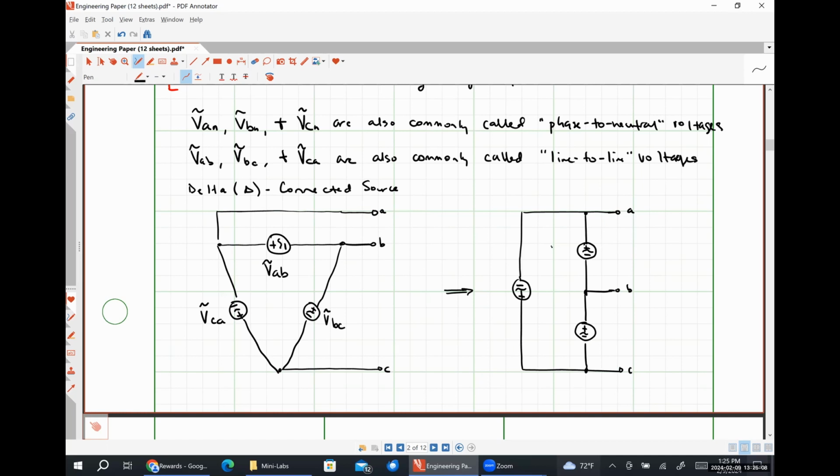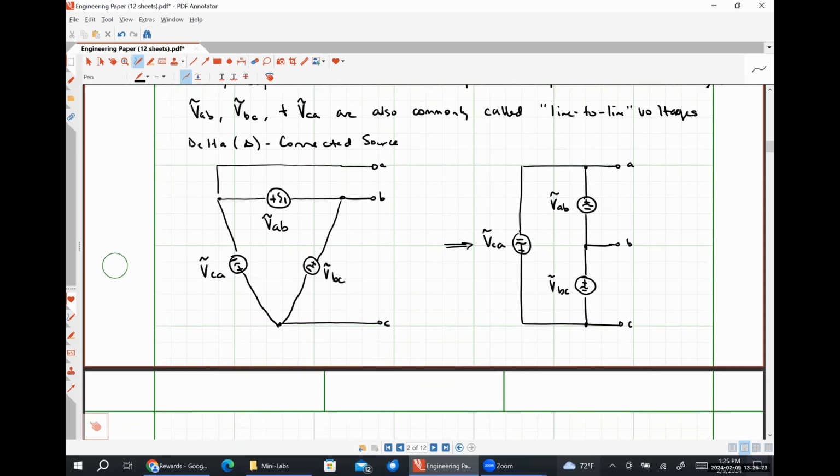So this voltage would be VAB, this voltage would be VBC, and this voltage would be VCA.